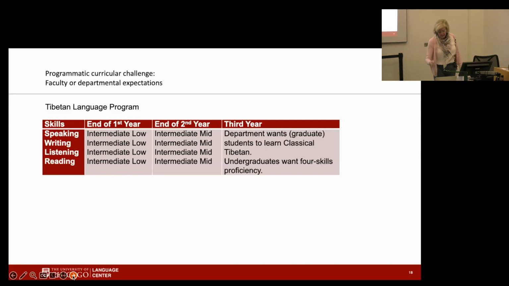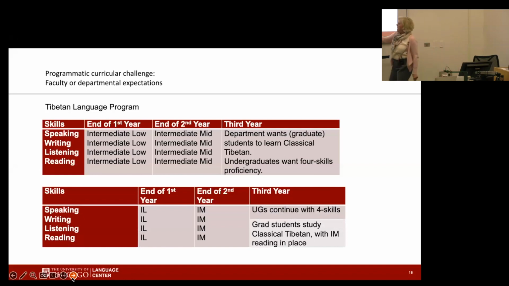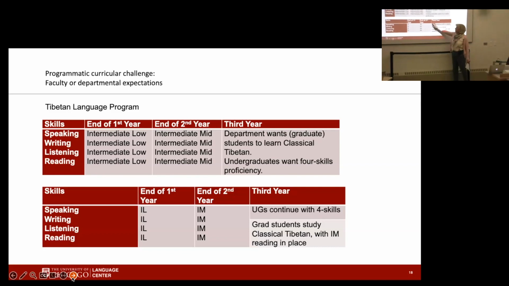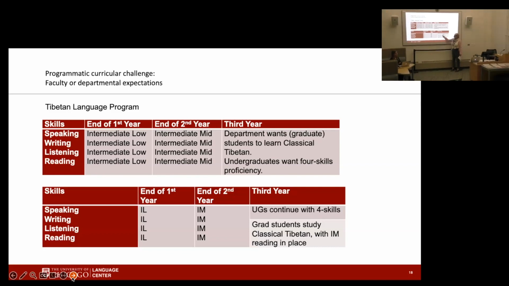So what he finally did was go to his chair and ask that in the same curriculum for first and second year, in the third year, undergraduates continue with a 4 skills proficiency oriented curriculum, and grad students begin the study of classical Tibetan, knowing that they have already intermediate mid skills in reading regular Tibetan.